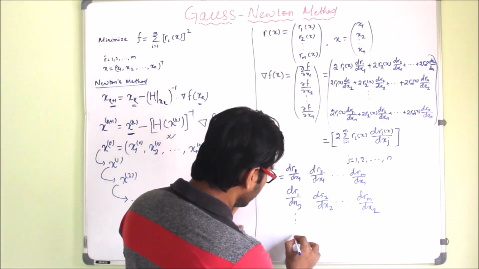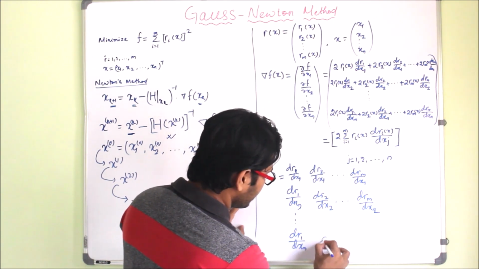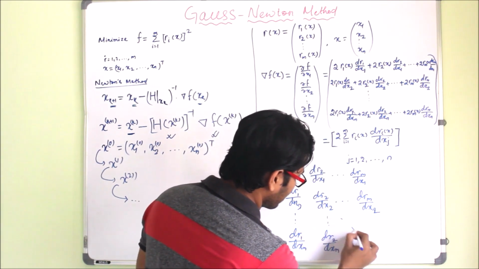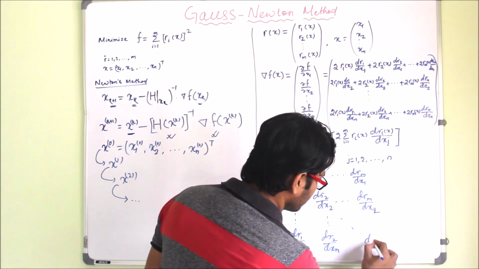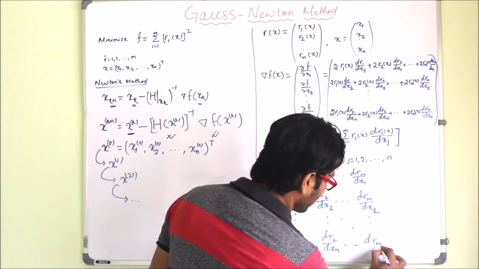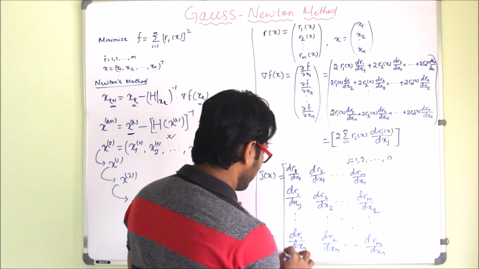Similarly, if we proceed, dr1/dxn, dr2/dxn, then the last one will be drm/dxn.